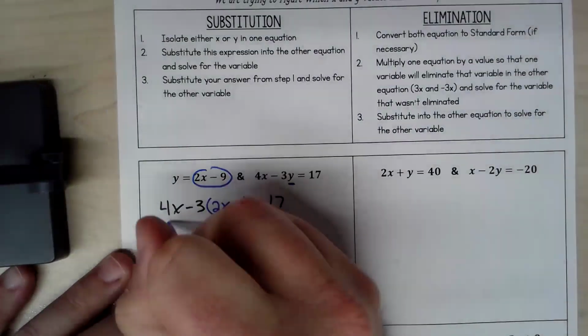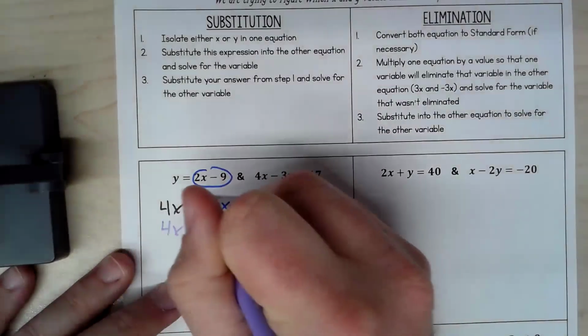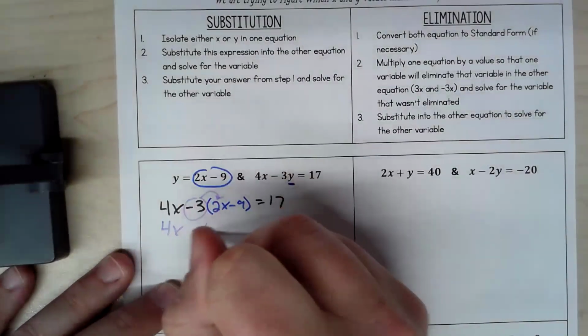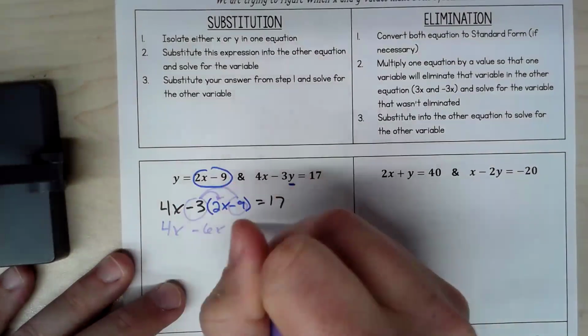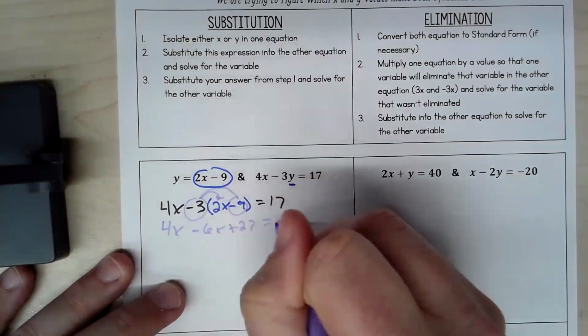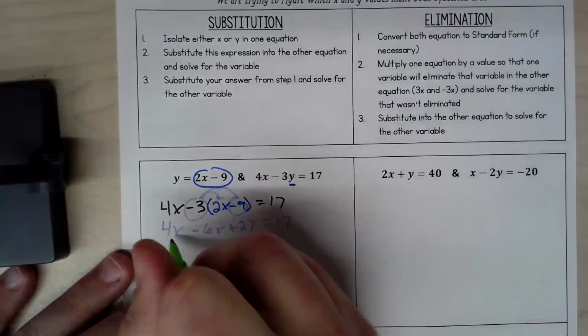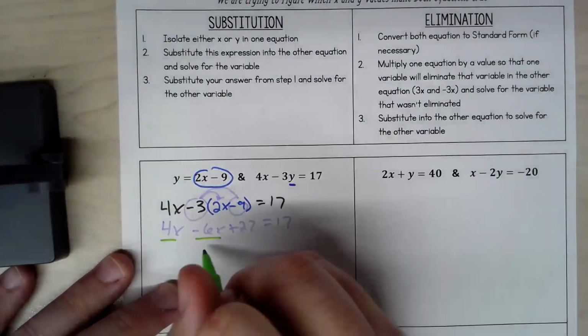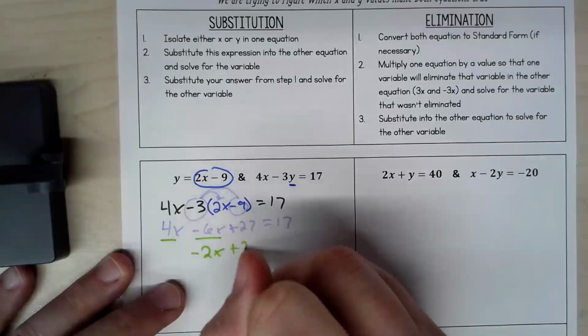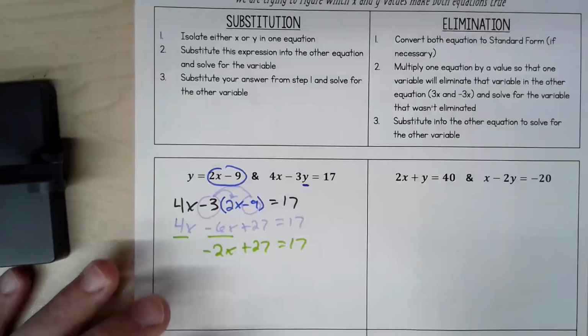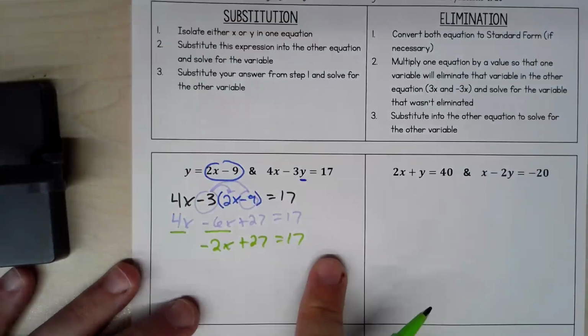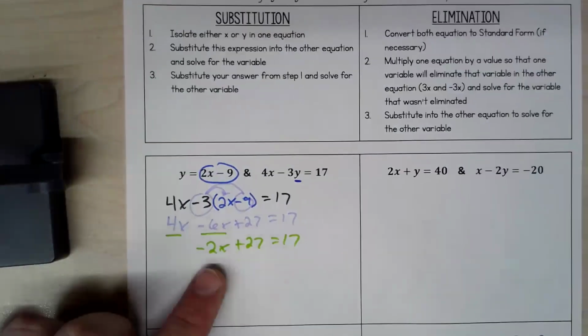All right, so I got to distribute. So negative 3 times 2x is minus 6x. Negative 3 times negative 9 is positive 27. So I gotta combine my like terms. 4x minus 6x is negative 2x. All right, so now both sides are as simplified as possible. Well, all my variables are already on the left.